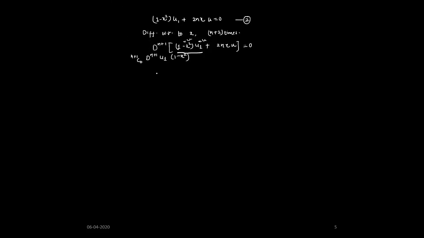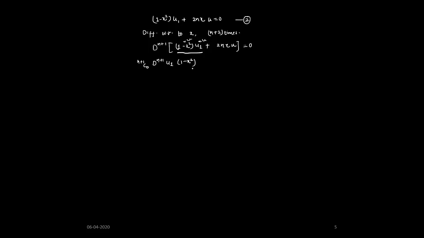So I'm differentiating this n plus 1 times with respect to x using the Leibniz theorem. We will have n plus 1 C0 because we are differentiating n plus 1 times. So n plus 1 C0 dn plus 1 u1, and the second function, v, would be as it is.